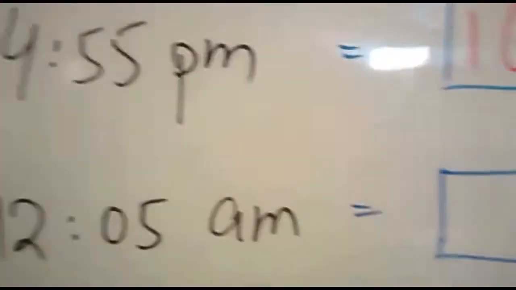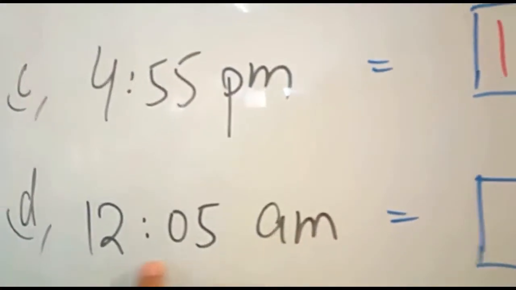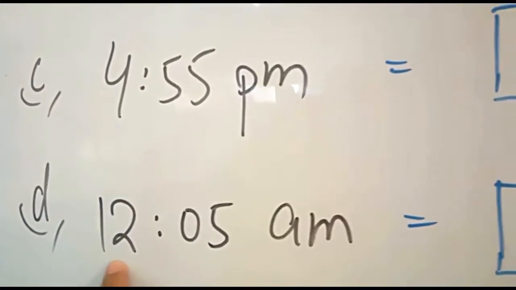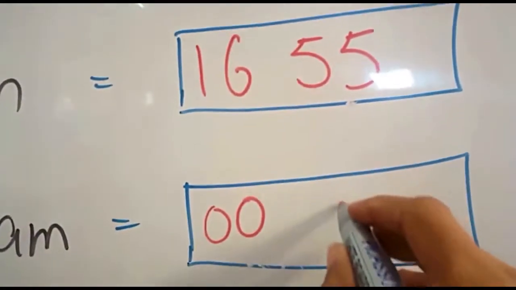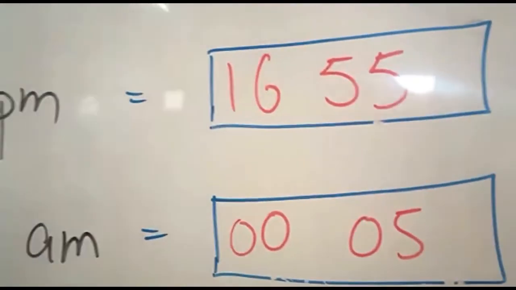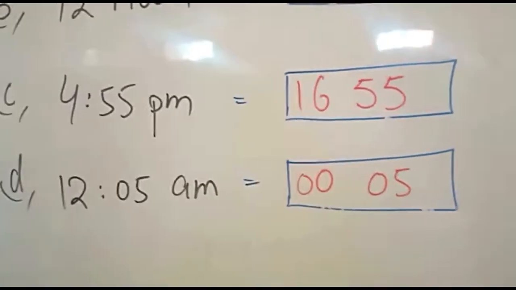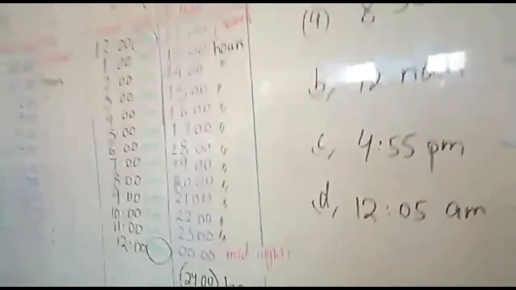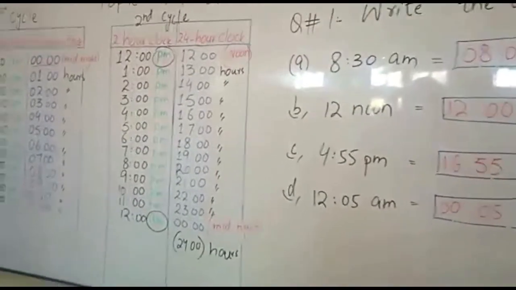That's why, as 12 a.m. is equal to 24 hours, instead of the 12 we will use two zeros and 5. So, 0005 hours.